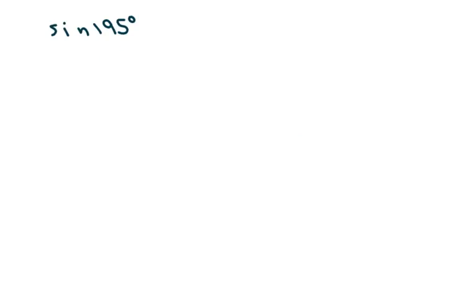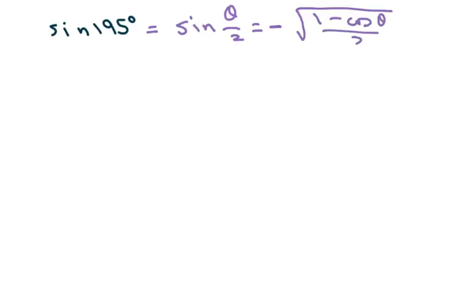Okay, and the last one, I have sine of 195. Now 195 is in quadrant 3, and we know that sine is negative. So when I'm using my half angle here, I know my final answer has to be negative. Your formula here is 1 minus cosine of theta over 2.